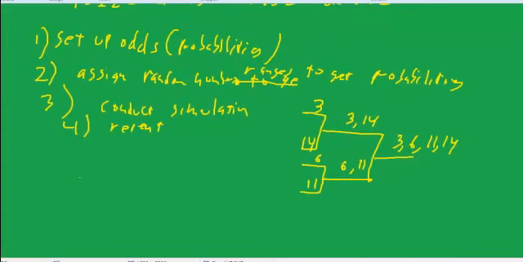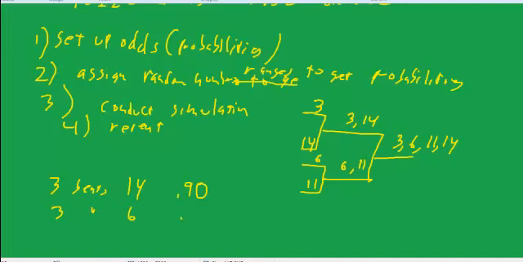And so remember, our first step is to set up the probabilities. So what's the probability that a 3 beats a 14? I'm going to say that's a 90% chance. And then the 3 could, in the second round, play a 6 or an 11.